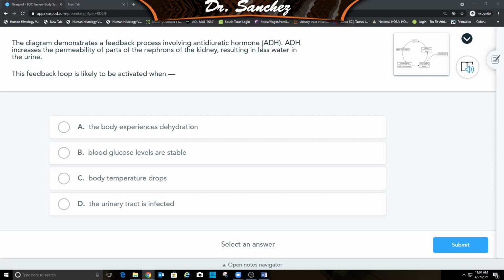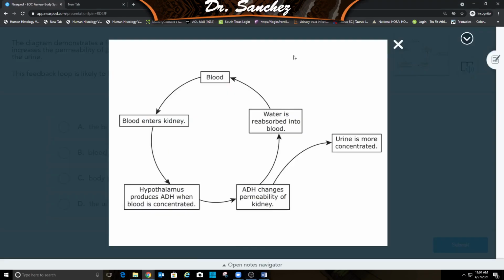So based on this, if you click on the feedback loop, it tells you that the ADH changes the permeability. Permeability is a fancy word for saying it can reabsorb. It allows water to come back in, right? That's the fancy word, which you need to know, but I'm just making it simple for you. So water is reabsorbed into the blood, gets back over to the blood.